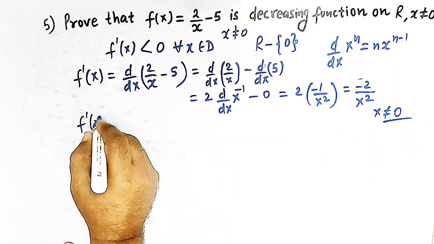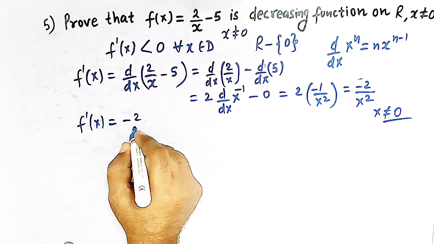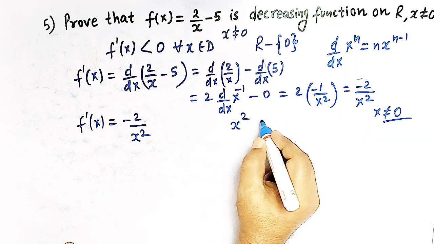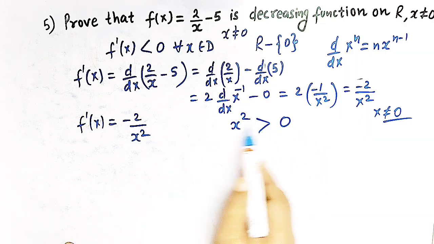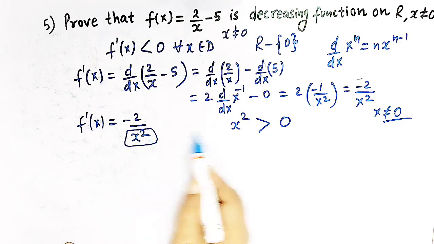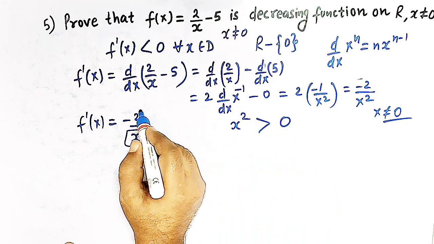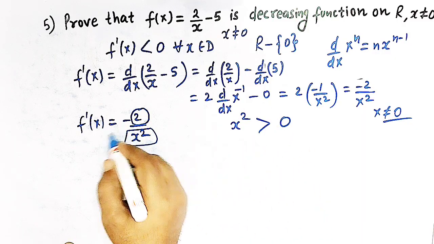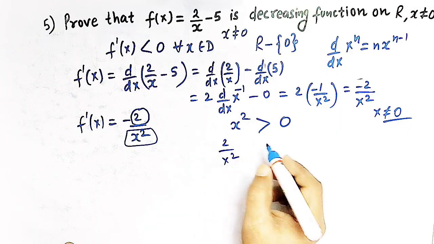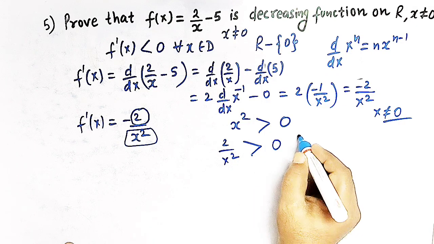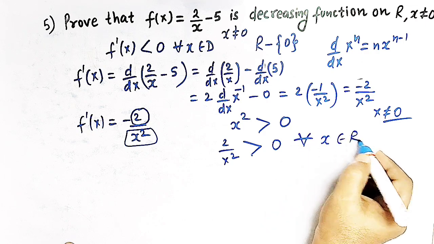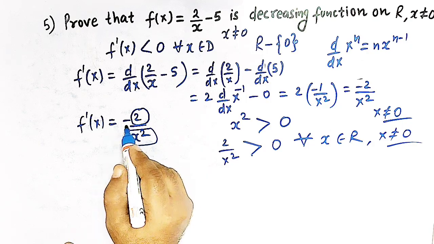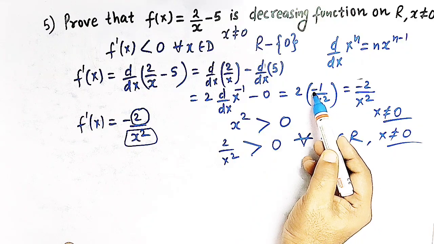So the derivative is given by minus 2 over x square. Now see here, x square is always going to be greater than 0, and here 2 is also greater than 0. So we can now write 2 over x square is always going to be greater than 0 for all x belonging to R, except x is not equal to 0. But here we have a negative sign due to the derivative.